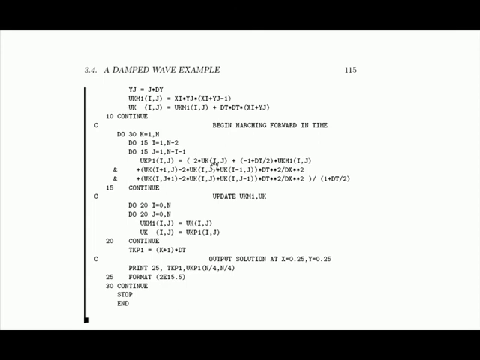The uk is the t_k level, ukm1 is the t_k minus 1 level. So here's the main loop that calculates the value of u at x_i, y_j at t_k plus 1 in terms of values at t_k and t_k minus 1. That's all there is to the program.